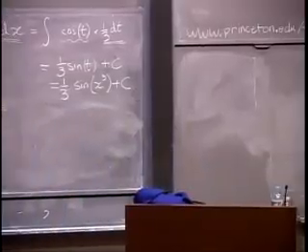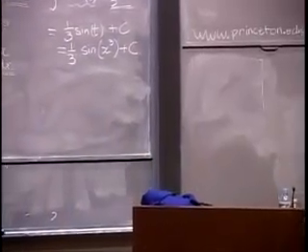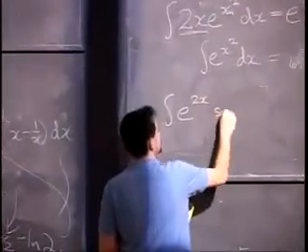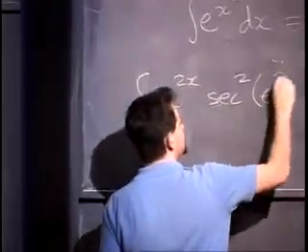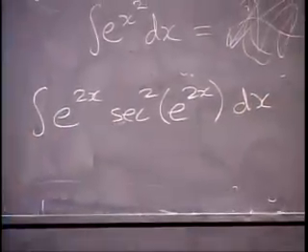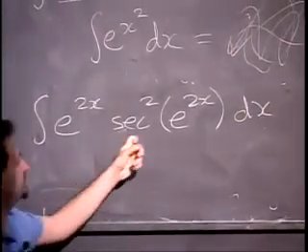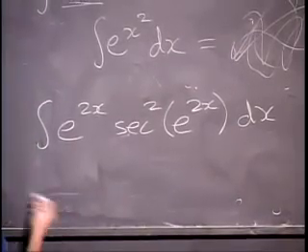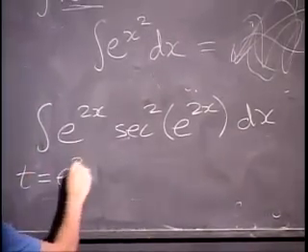All right, let's look at a couple more examples. Consider this one. Integral e to the 2x secant squared e to the 2x. Well, I don't really like secant squared of e to the 2x. It's kind of nasty. So let's let t be equal to e to the 2x.